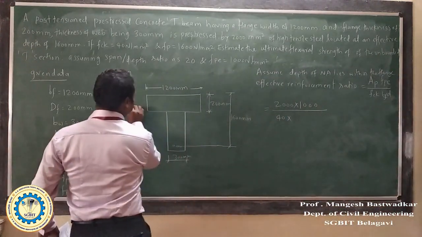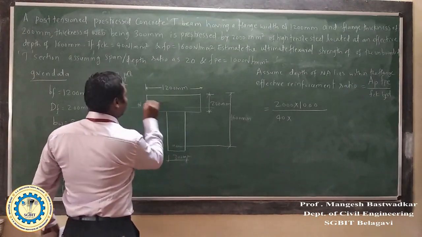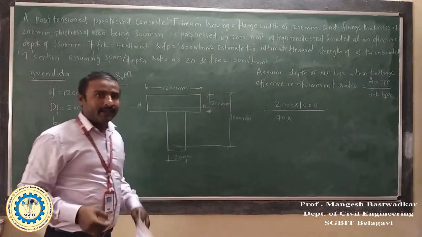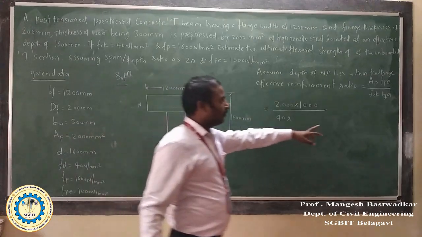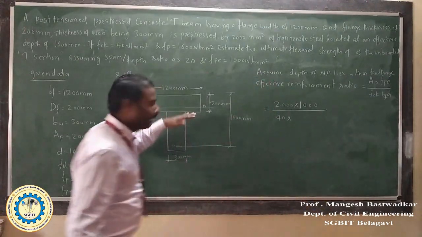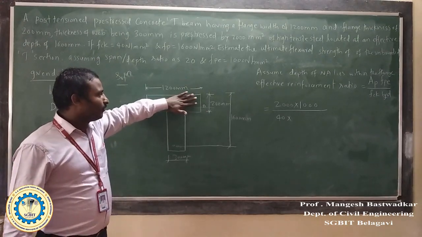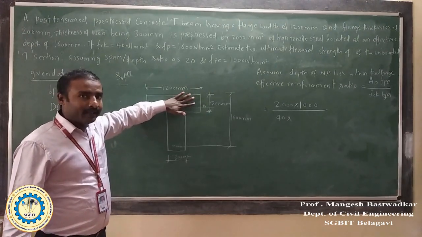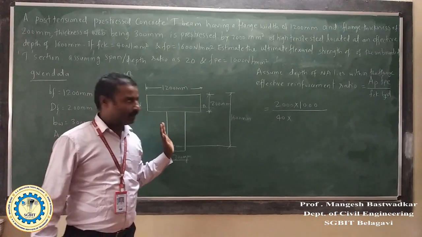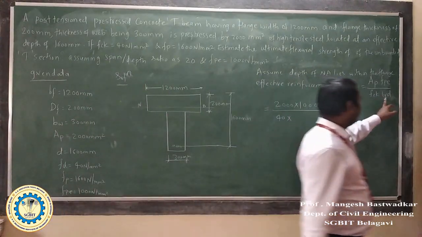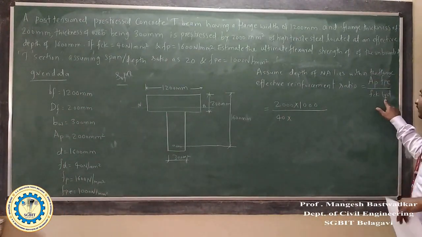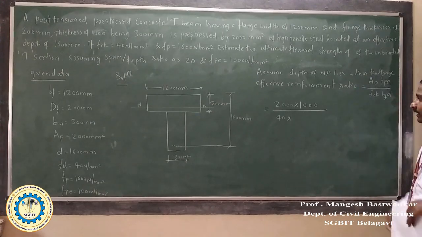If the neutral axis lies within the flange, this whole section acts as a rectangular section. So instead of BW, BF width of the flange will be there, and here effective depth.